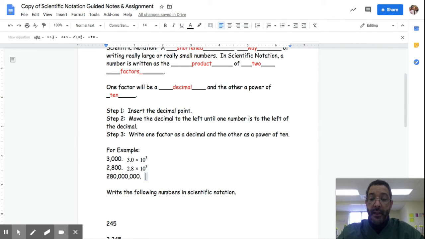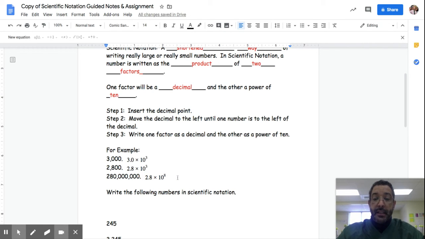So if I start here and I count 1, 2, 3, 4, 5, 6, 7, 8. So that's going to be 2.8. And there again, I keep the 8 because that's what I consider to be a significant digit. Come up here times 10, shift 6 to get that exponent, and then I put the 8.